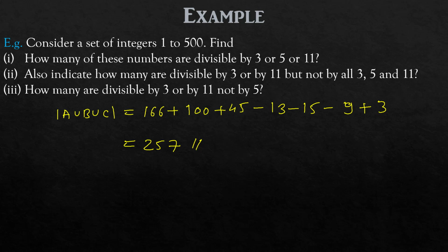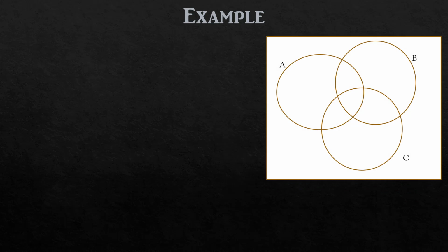Now the second one, also indicate how many are divisible by 3 or by 11 but not by all 3, 5 and 11. We have to find numbers which are divisible by 3 or 11 but not by all. Let's see the Venn diagram for the second one. So this is the Venn diagram. Here consider this Venn diagram and this portion, the shaded portion.